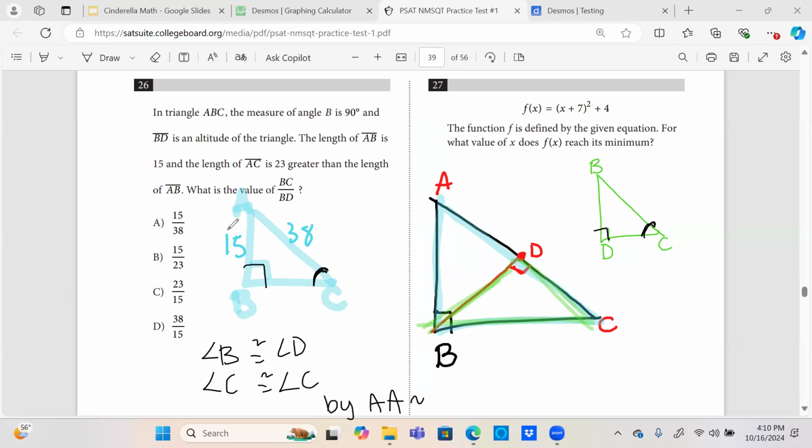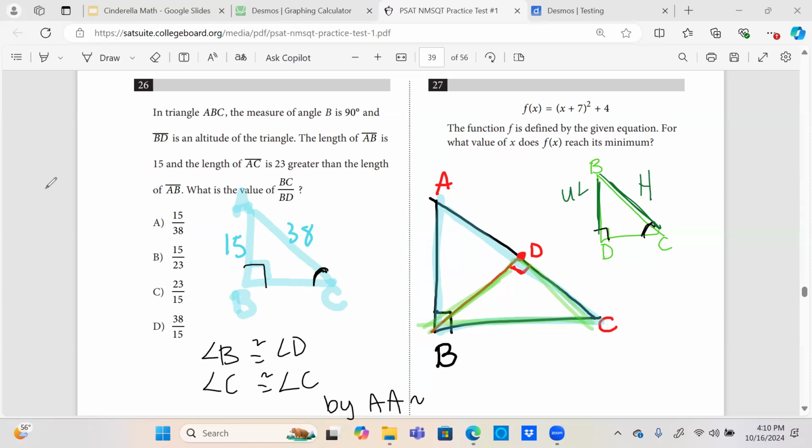Okay, well, I got the similar triangles. Now I'm stuck again. Let's see. Oh, okay. Look at the blue one, or sorry, look at the green one. In the green one, BC is the hypotenuse and BD is the kind of upright leg. So I'll call it UL, upright leg.